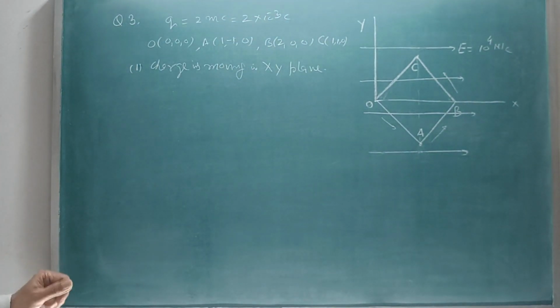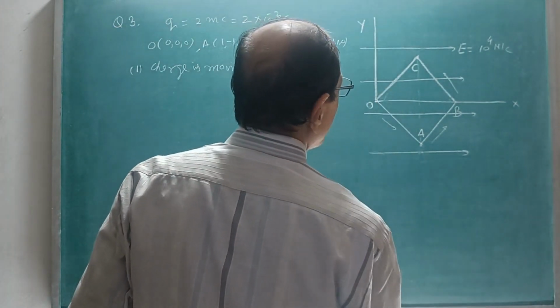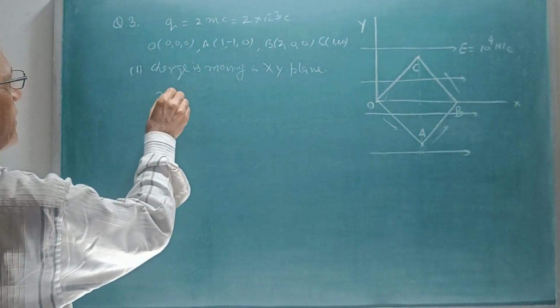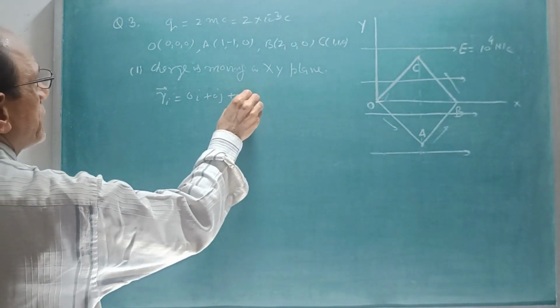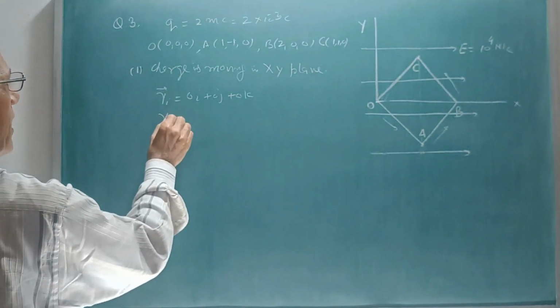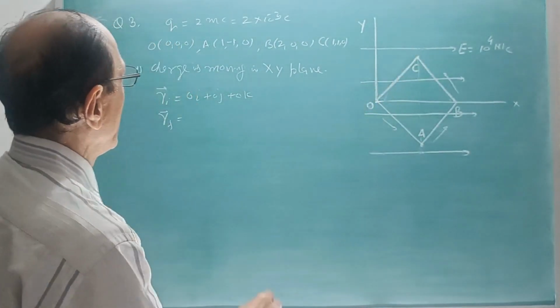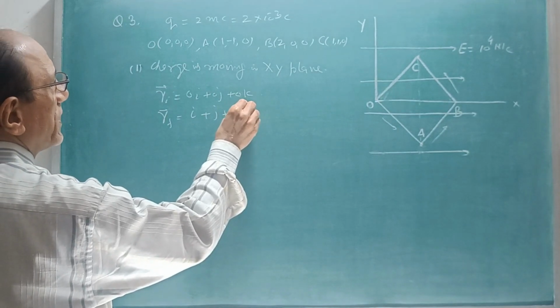And if you find the initial position of the charge, R initial will be 0i plus 0j plus 0k, and R final of the charge will be i plus j plus 0k.